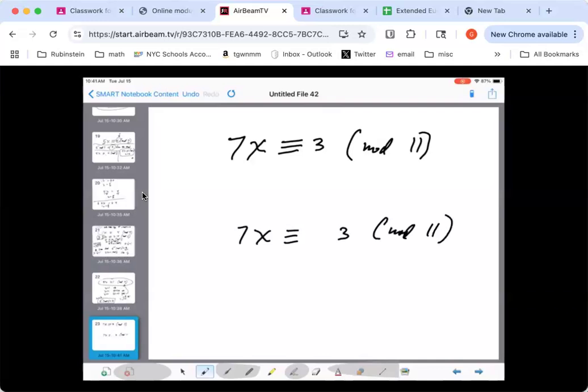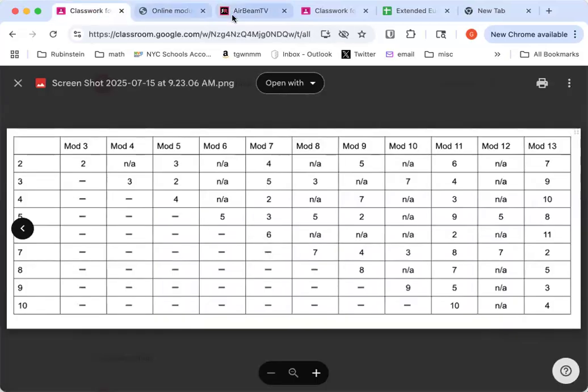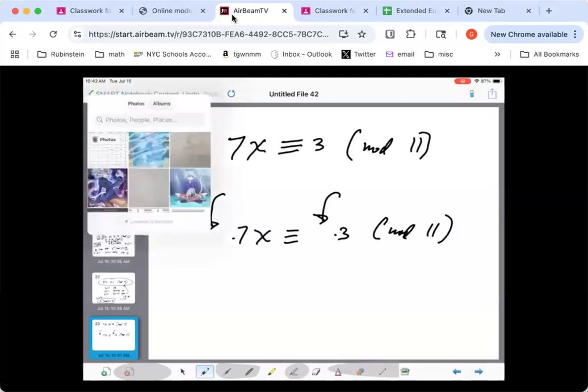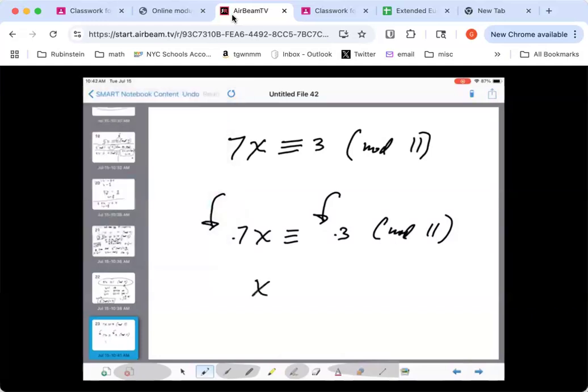I can't divide both sides by 7, but I can multiply both sides. But what is it you want to multiply both sides by? Hint: 1/7. It's on this chart. So everyone, take a look at that chart and think to yourself, what do you think should go on both sides? Everyone work on that now. What do you think I should multiply on both sides so that I can cancel out that 7?